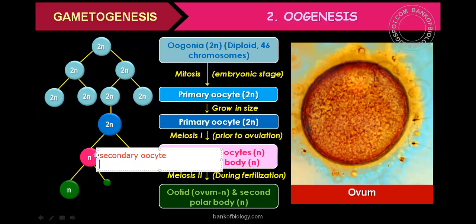This secondary oocyte which is there in meiosis 2, metaphase 2 में है ना ये. कब होगा ये division completion, anaphase 2 and telophase 2? Very good, very good. When sperm penetrates the secondary oocyte, meiosis 2 is completed. Super, super.